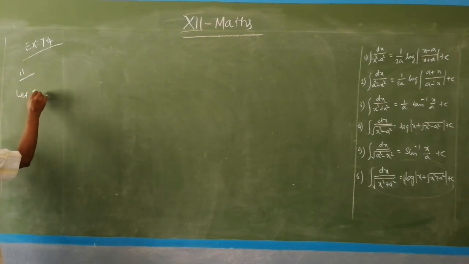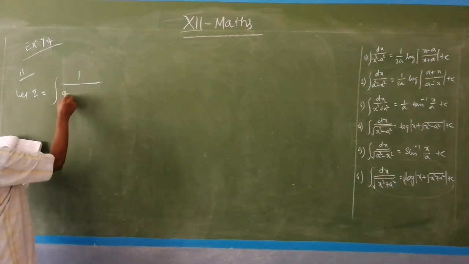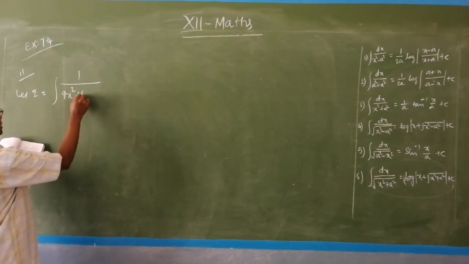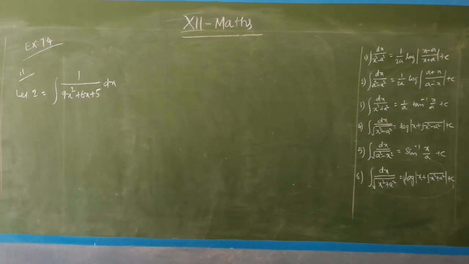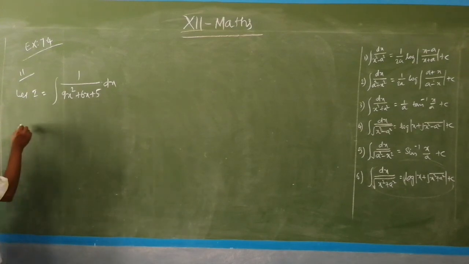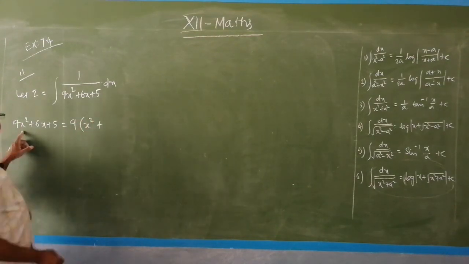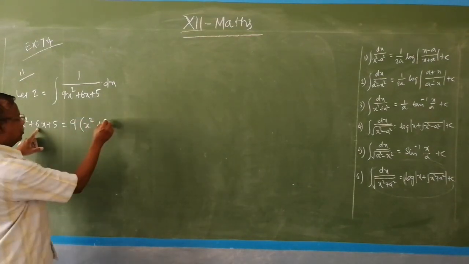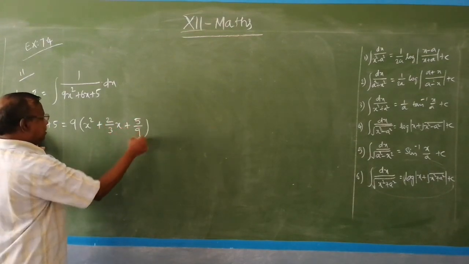Let I equal to integral 1 by root of 9x square plus 6x plus 5 into dx. Now, 9x square plus 6x plus 5 equal to 9 into x square plus 6 by 9 means 2 by 3 into x plus 5 by 9.